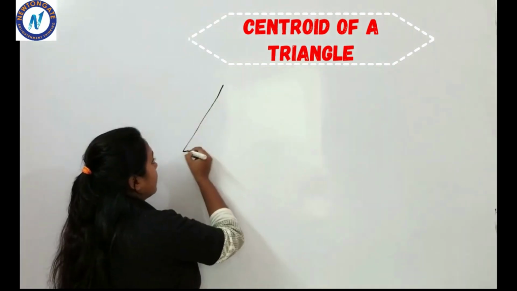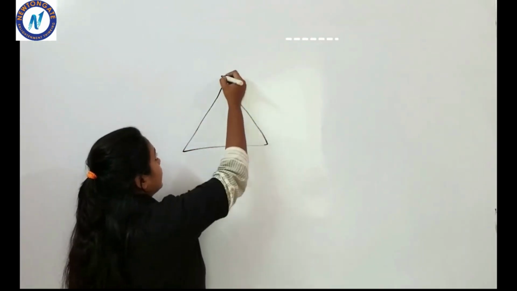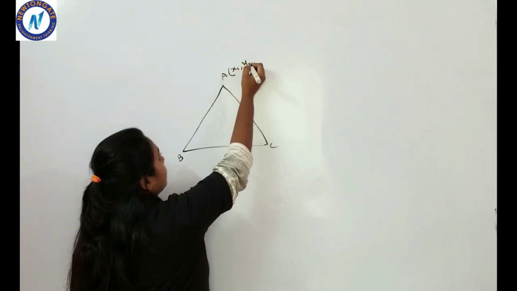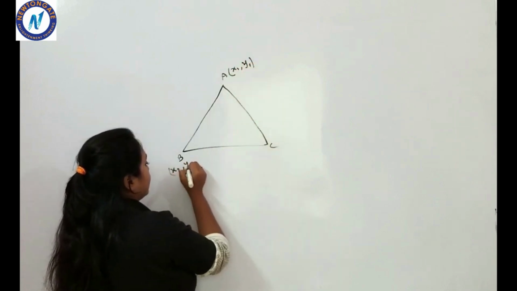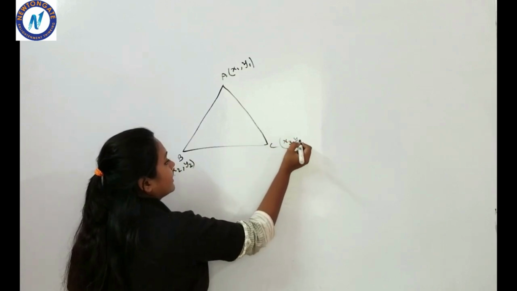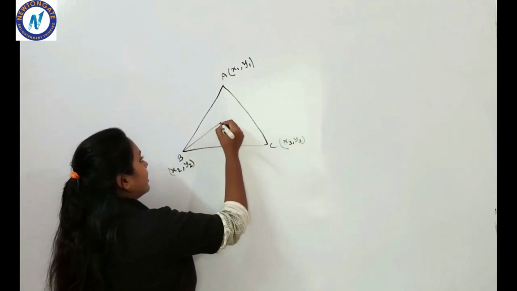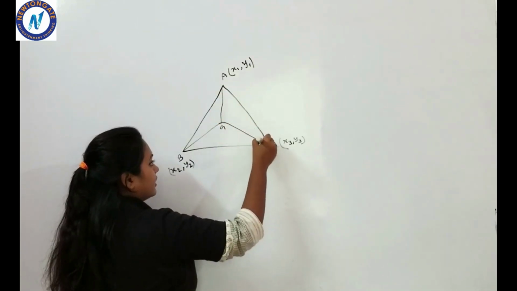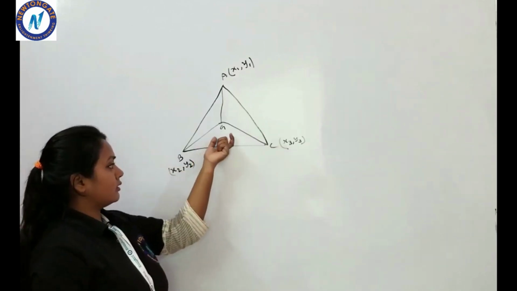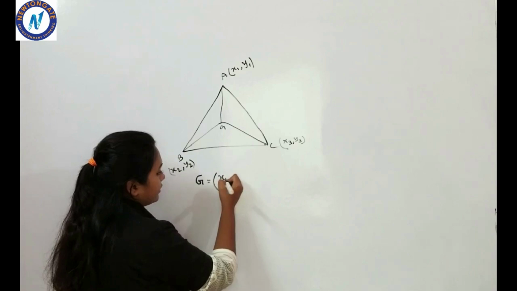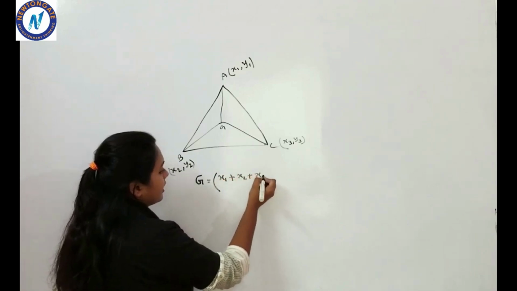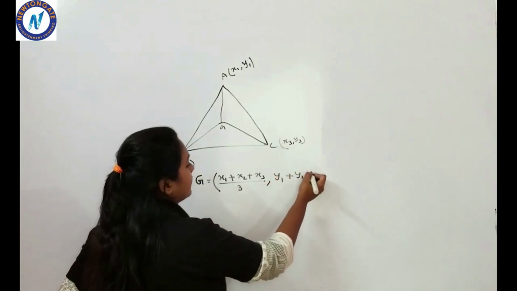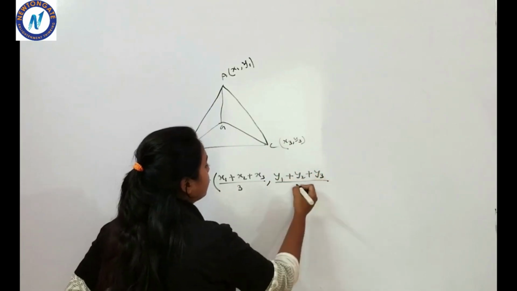If the vertices of triangle ABC are A, x1, y1, B, x2, y2 and C, x3, y3, then the centroid is denoted by G. The coordinate of G is x1 plus x2 plus x3 by 3, y1 plus y2 plus y3 by 3.